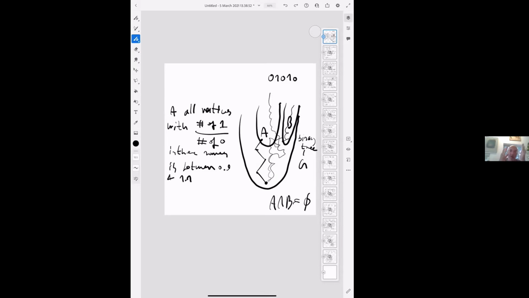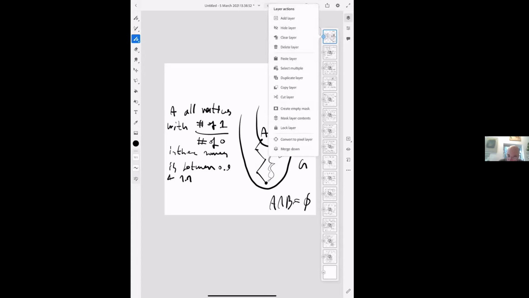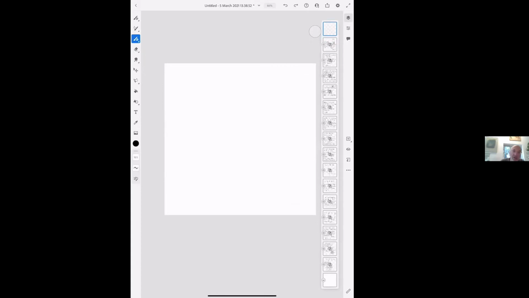So this will be all the balanced vertices. Is it clear? Yeah. All the relatively balanced vertices. So this was A. Again, sorry for my poor technology. These are the relatively balanced vertices.